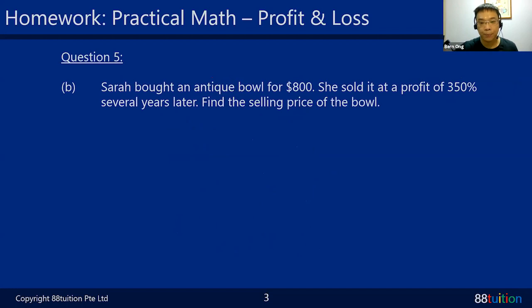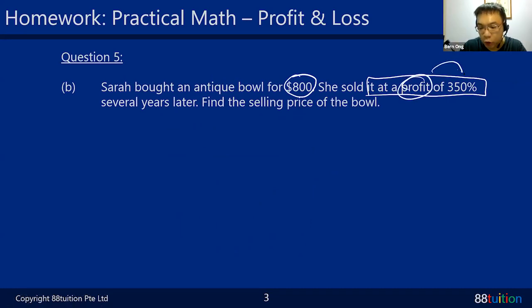Question B, Sarah. Sarah bought an antique bowl for $800. She sold it at a profit of 350%. The profit itself is 350%. That's just pure profit. So find the selling price of the bowl.